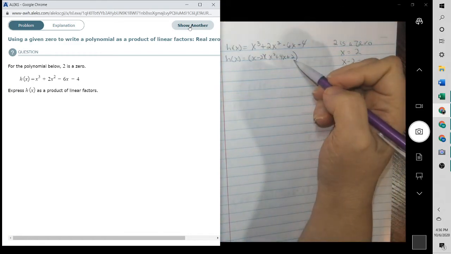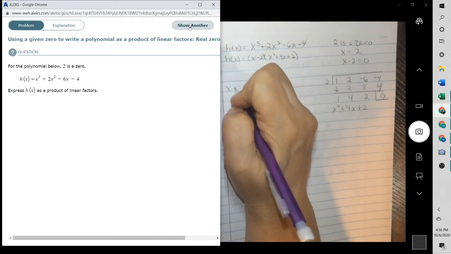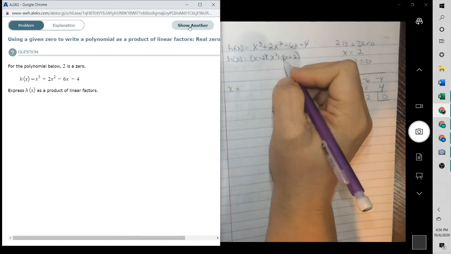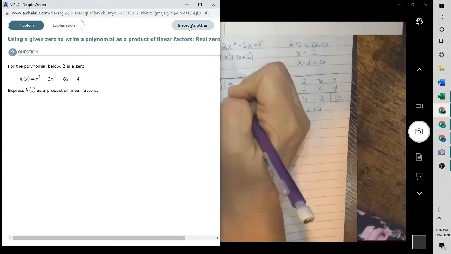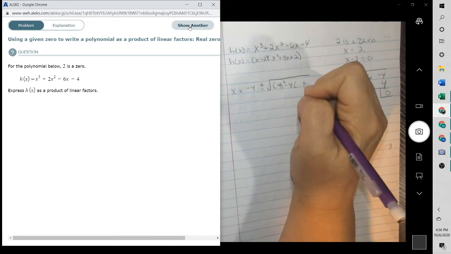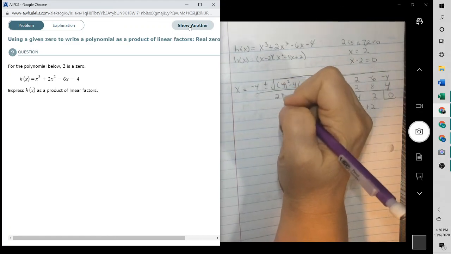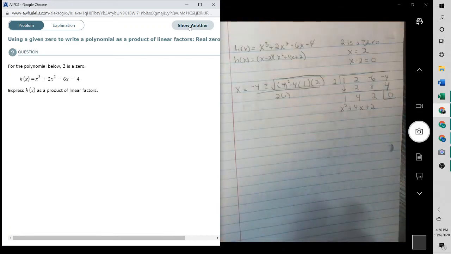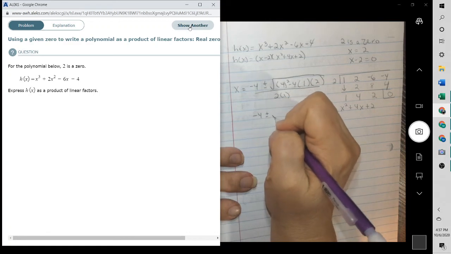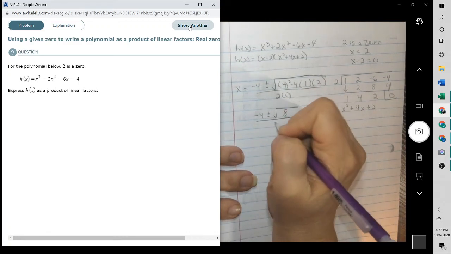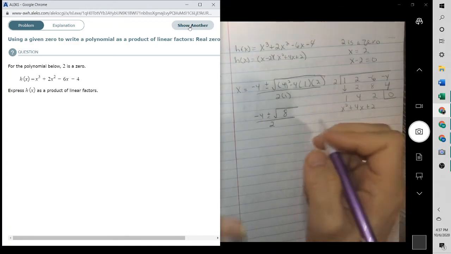There's nothing that when you multiply you get 2, that when you add you get 4. So we need to use the quadratic formula again. Negative b, so b is 4, plus or minus the square root of b squared minus 4ac all over 2 times 1. 16 minus 8 is 8. 8 has a perfect square.